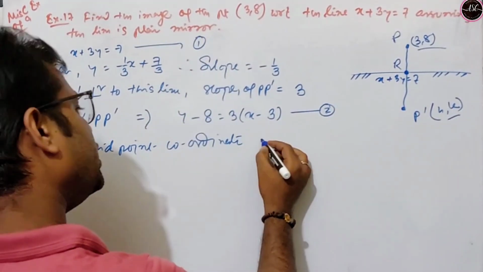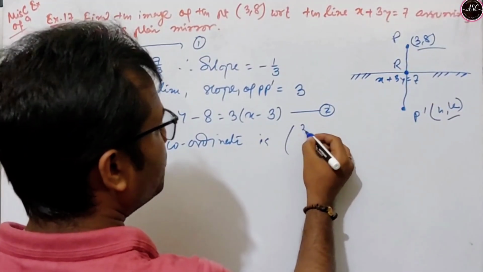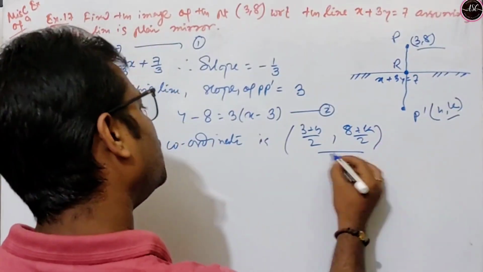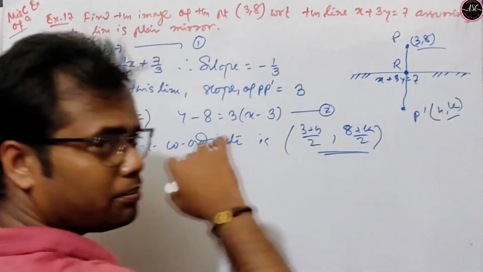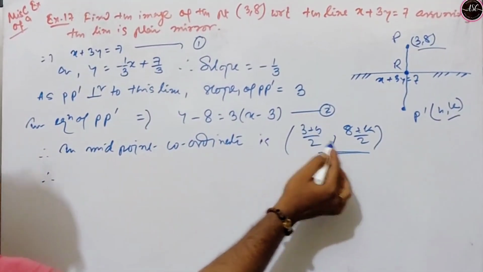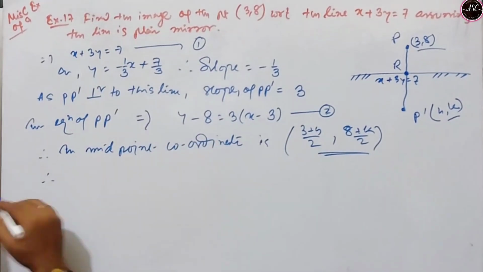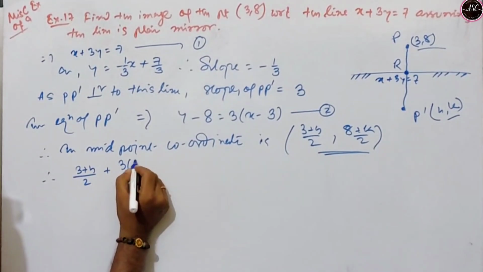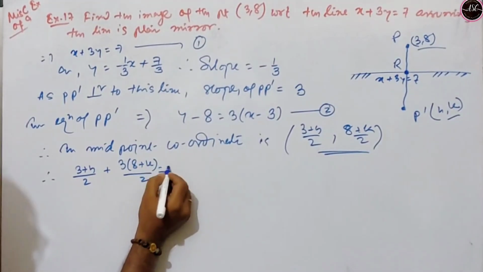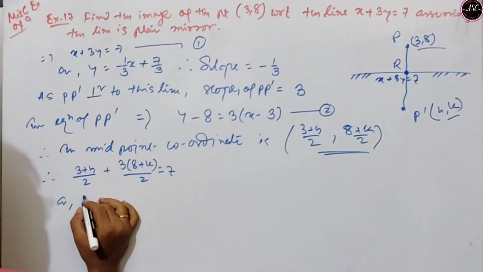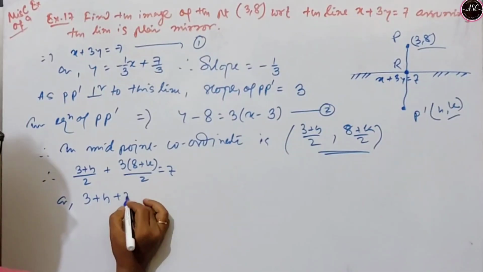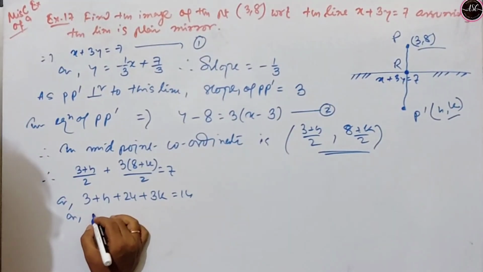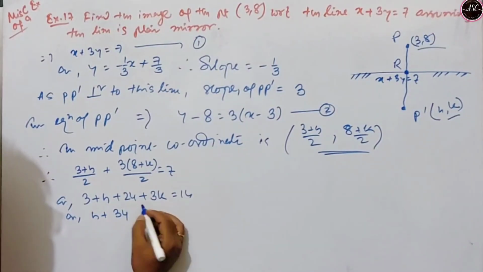Both lines pass through this point, so putting this value in equation 2, we get (3 plus h) by 2 plus 3 into (8 plus k) by 2 equal to 7.